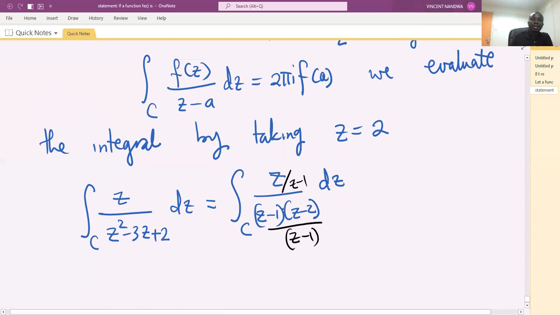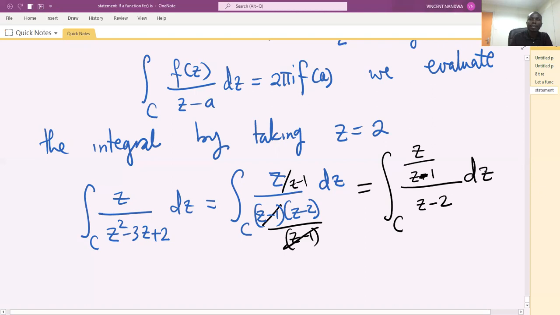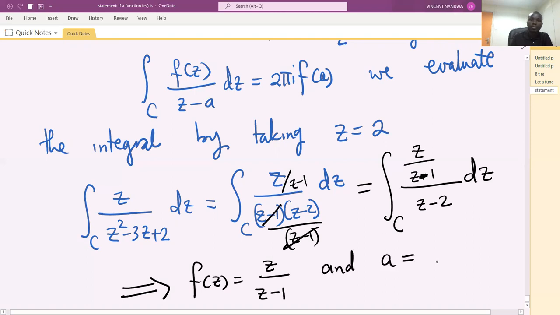So this part and this will cancel out, giving the integral of z over z minus 1, over z minus 2, dz. So now my f of z is z over z minus 1, and my a is 2 in this general formula.